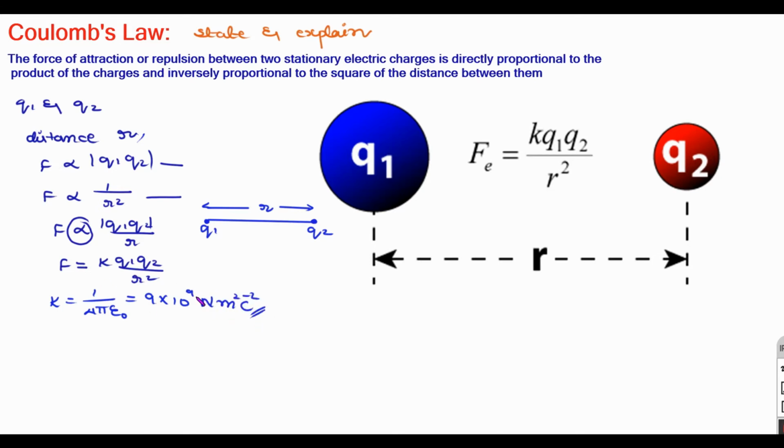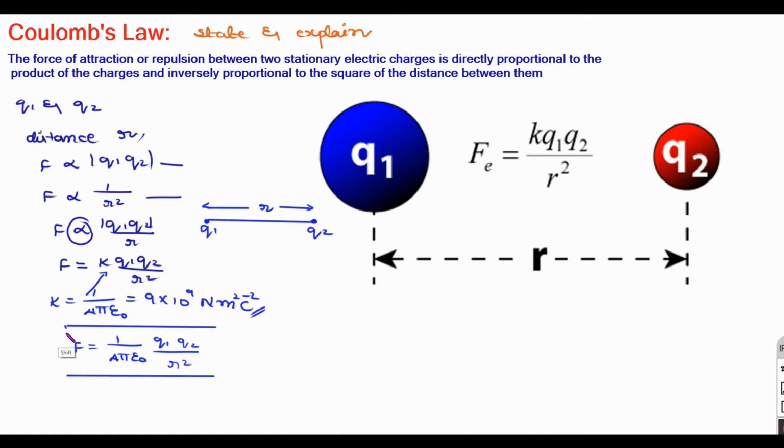Let us substitute this here. F is equal to 1 divided by 4 pi epsilon naught q1 q2 divided by r square. So this is the correct form of Coulomb's law, the mathematical form of Coulomb's law.